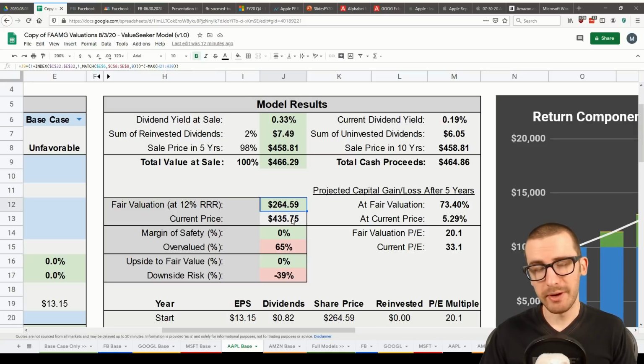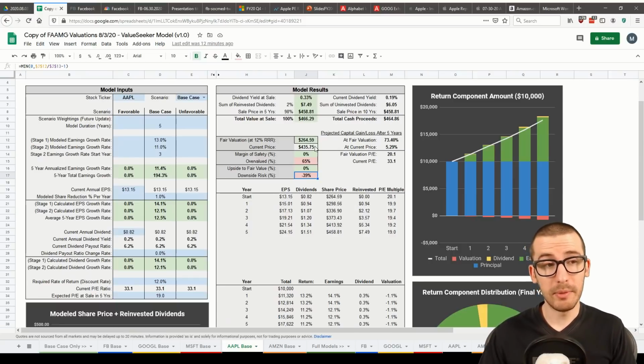In this case, we have a fair valuation of roughly $265 compared to the current price of $235, meaning that if we were to see a reversion back to this fair valuation based on our assumptions, it'd be a downside risk of roughly 39%.